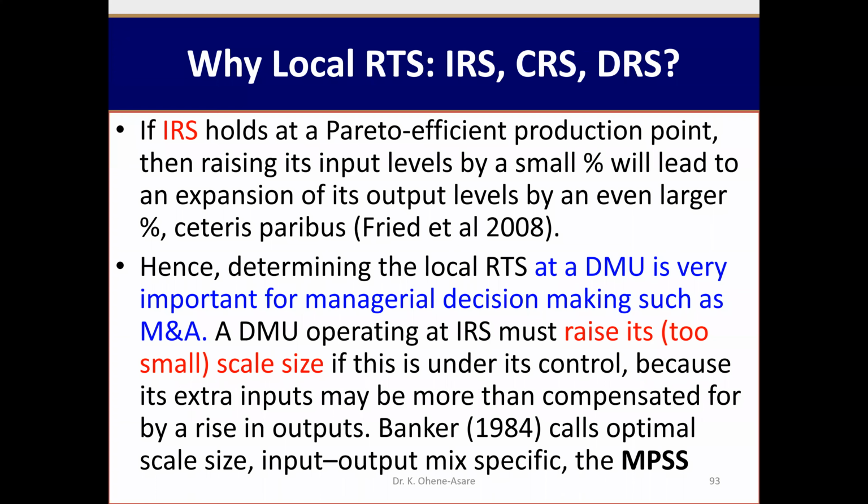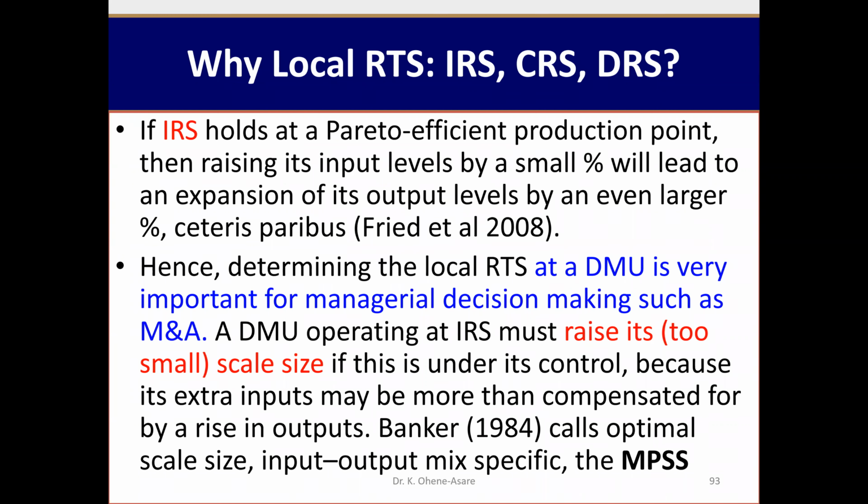So if you determine the local returns at a DMU, that is very important because managers can make decisions related to these measures. Why? Because a DMU which is operating at increasing returns has to increase its too-small size, if it can control that.